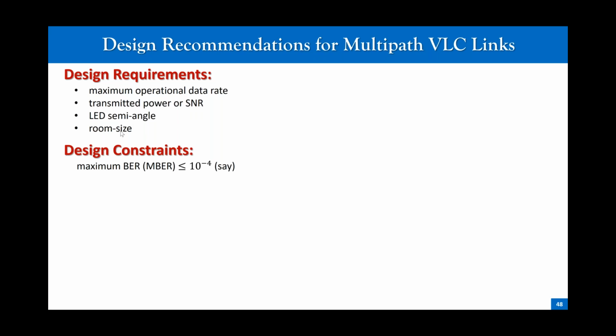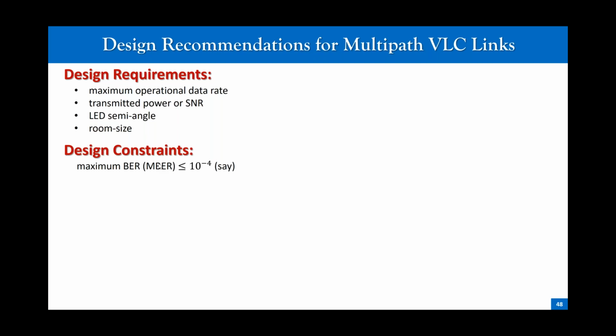So these are typically the design requirements that we have. And the design constraint is that we want to keep the maximum BER, so user can be anywhere in the room, and we want to satisfy BER of less than 10 to the power minus 4. That means at any point in time, he shouldn't have more bit errors than 10 to the power minus 4.